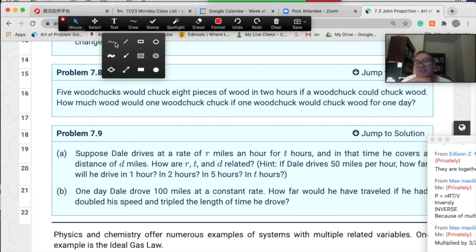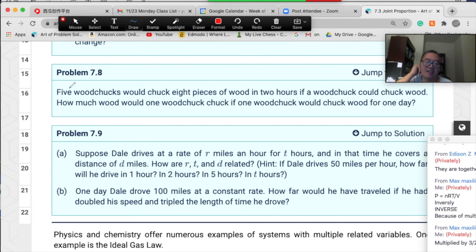You first try to connect the information you can get. 5 woodchucks can chuck 8 pieces of wood in 2 hours.